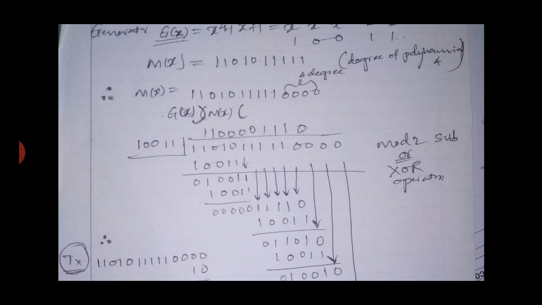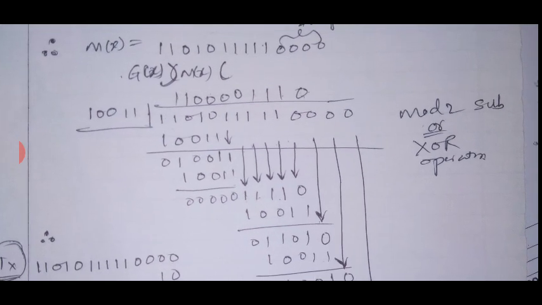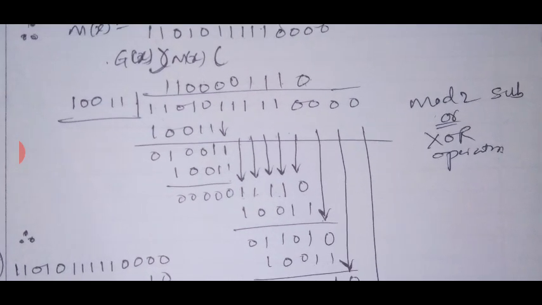So here what you do is take this message with the zeros you have added, and divide it by your generator 10011. Here I will do an XOR operation, or I can do this as a mod 2 subtraction. Here you can see how I have done this. 10011 is multiplied with 1, so you will get 10011.